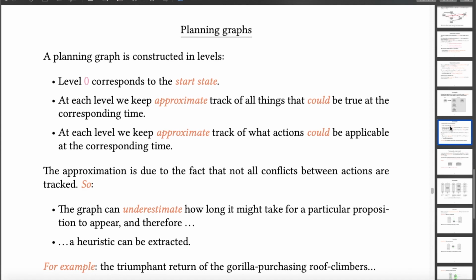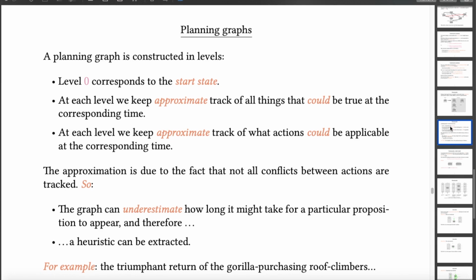Now it's only approximation because we don't take all of the conflicts between actions into account. And that means that we will generally underestimate how long it might take for a particular proposition within the graph to appear. Now by that I mean that if you think in terms of what we've already said about partial order planning, a proposition such as at the hardware store may not become true until we've executed a number of actions.